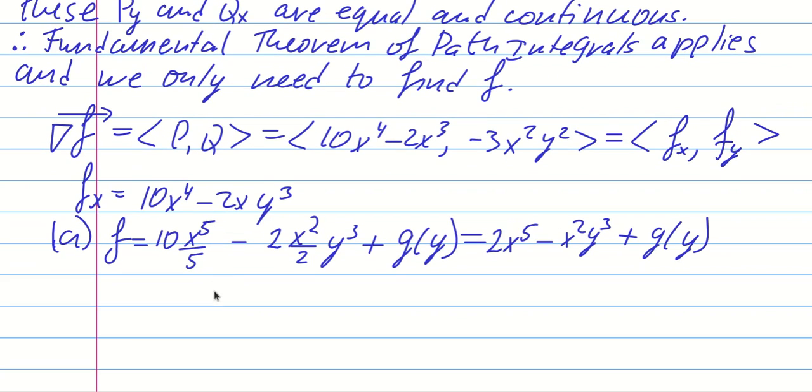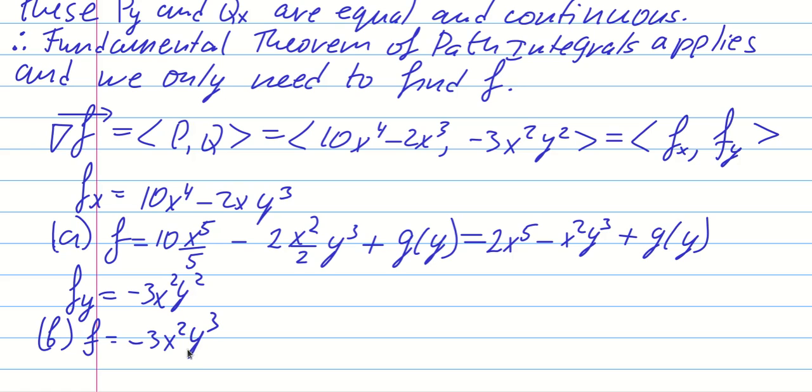Alright, so now we've used the partial of f with respect to x. Now we're going to use the partial of f with respect to y, which is negative 3x squared y squared. So part B tells us that if we calculate the antiderivative of this function with respect to y, we get negative 3x squared y cubed over 3 plus some function that depends on x.